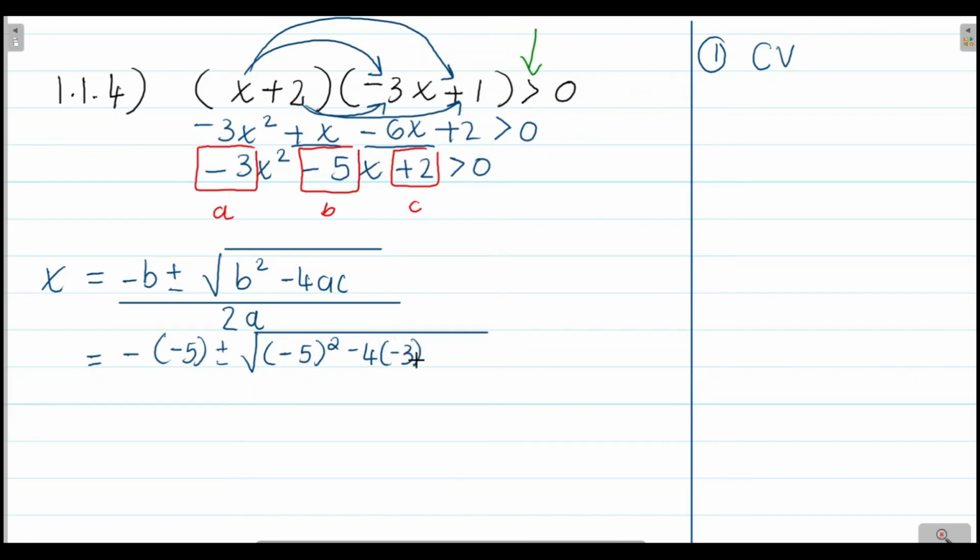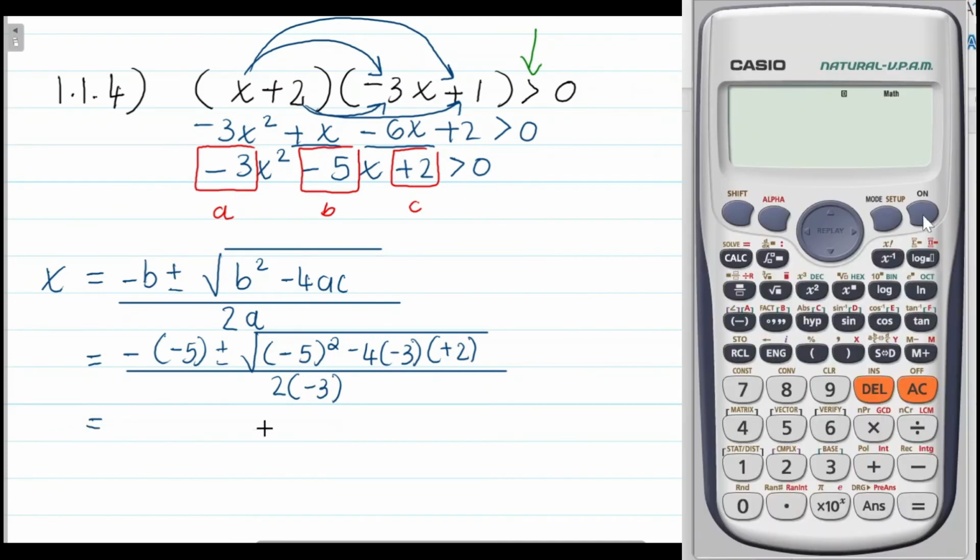It's minus 3. What's your c? It's positive 2, all over 2. What is your a? It's minus 3. Okay, so I'm going to show you how I substitute these values into my calculator. When you do that, you'll find that x is equal to negative 2, or x is equal to 1 over 3.